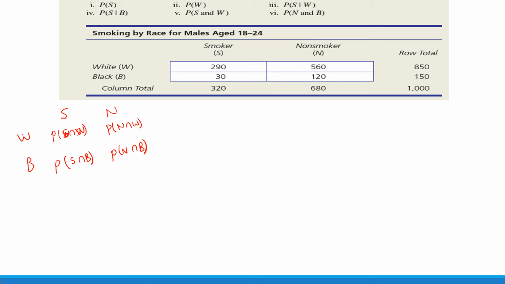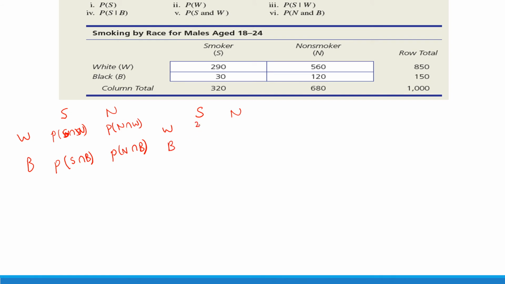To calculate these probabilities, all we have to do is divide the values by the grand total.